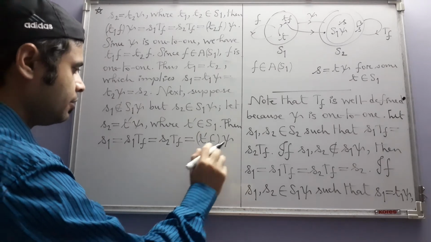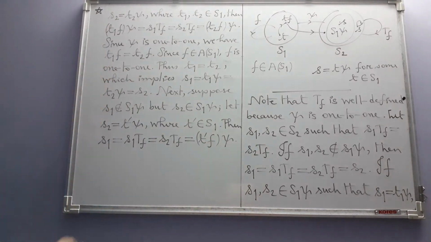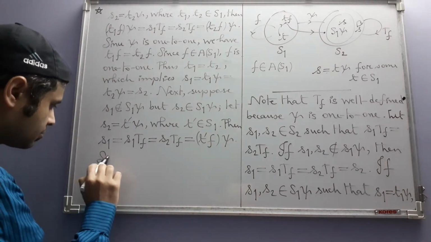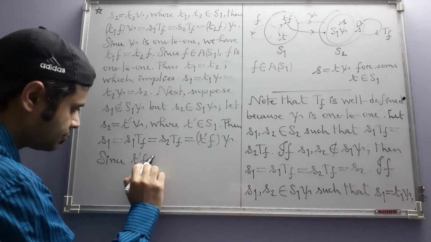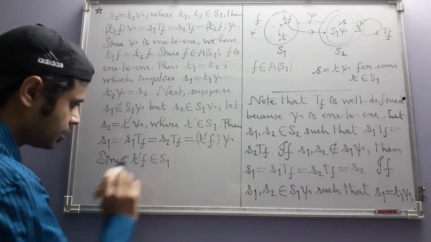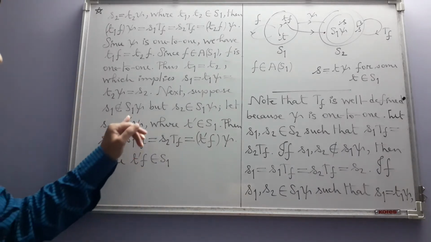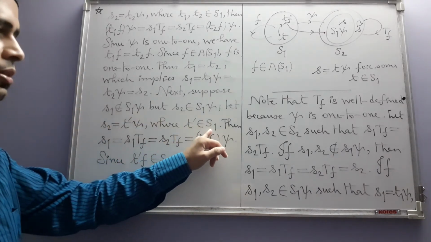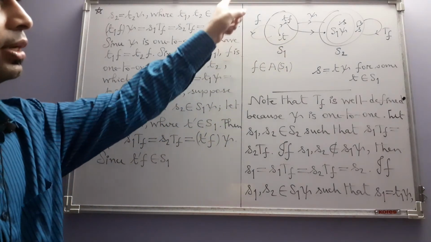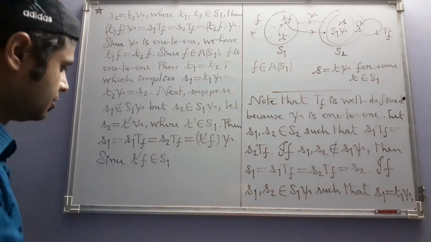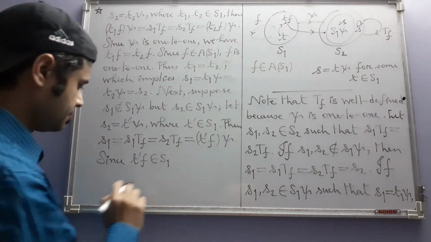Okay, now note one thing, since T prime F belongs to S1. Why? Because T prime is in S1 and F will map any element of S1 to again an element in S1. So this is in S1.